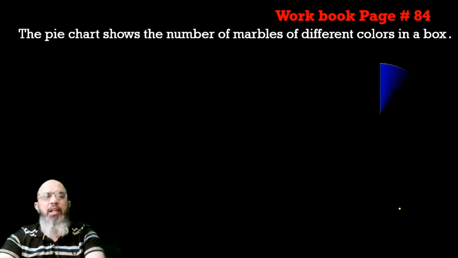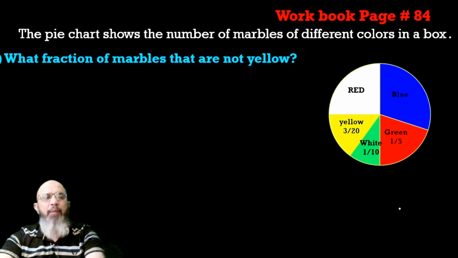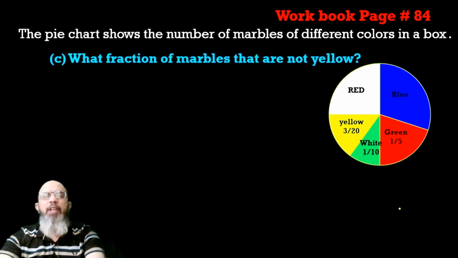Clear? Now come to the next part of the same question, the C part. The C part is, what fraction of the marbles are not yellow? Now understand the question. What part of the marbles are yellow? That is 3/20. The whole pie chart shows 1, and yellows are 3/20. So we have to subtract 3/20 from 1.